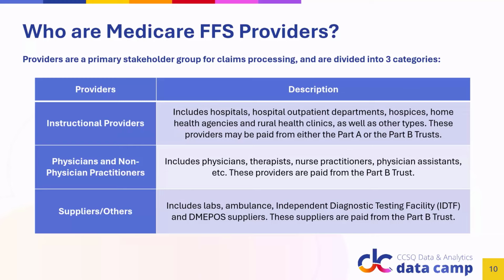The next group is physicians, physician groups, and non-physician practitioners, and suppliers or others who are represented by labs, ambulance, independent diagnostic testing facility, and durable medical equipment suppliers. And they are paid respectively, as you can see in the description, from different parts of Medicare trust funds.